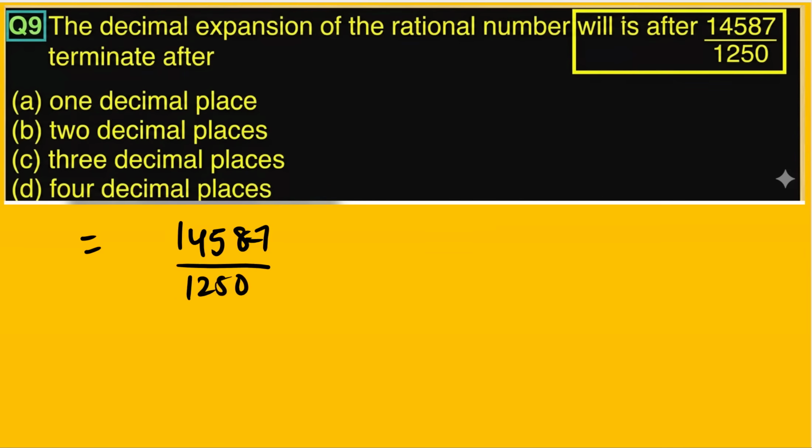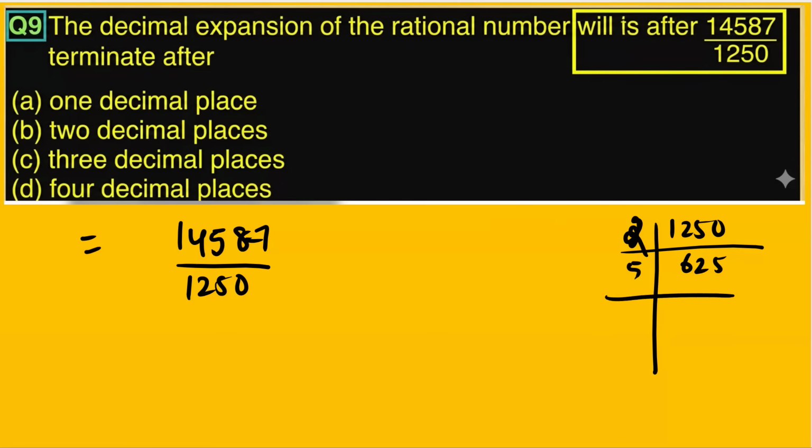We have to determine the prime factors of 1250. 1250 divided by 2 gives 625, and then 625 divided by 5 gives 125. 125 divided by 5 gives 25, and then 5 times 5 times 5, 1.